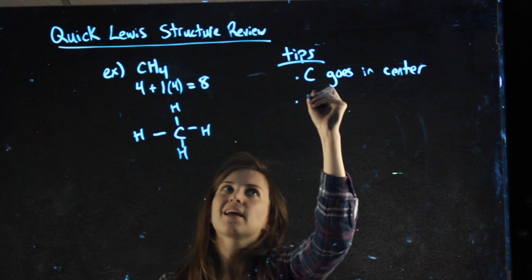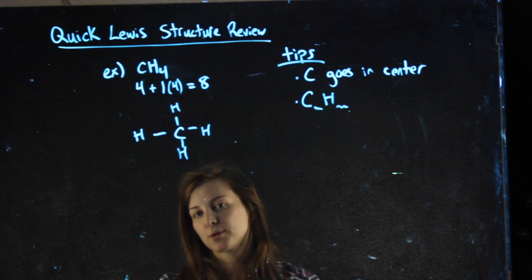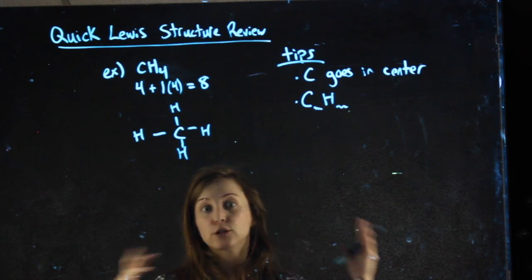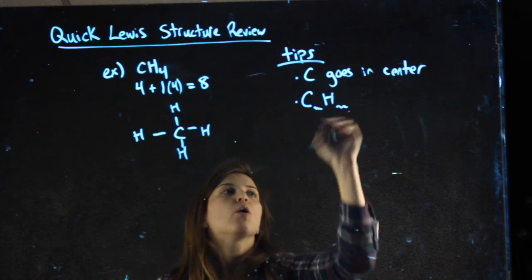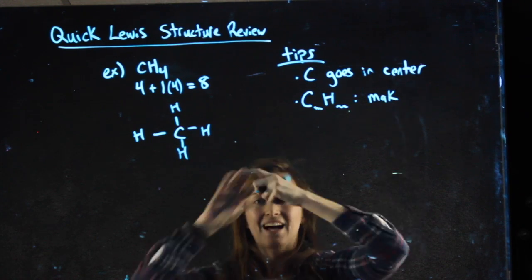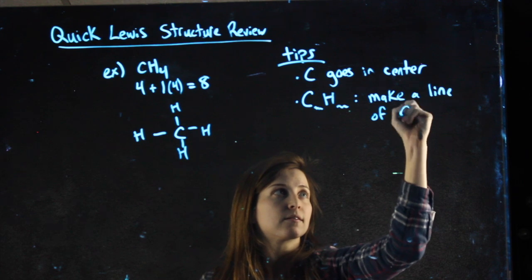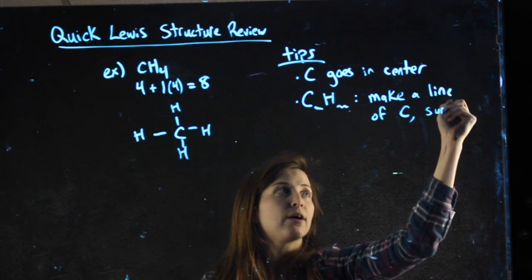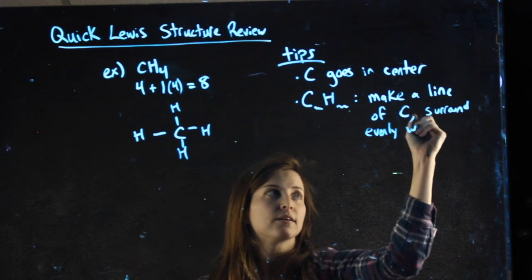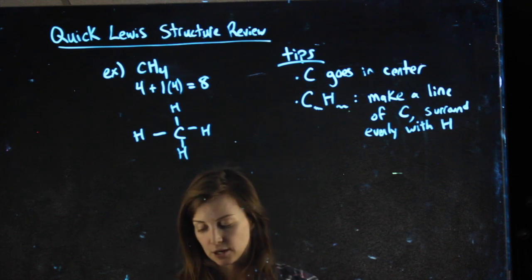If I give you something like C some number, H some number, C3H8, C2H4, C50H102, what you're going to do in this case, and this is new, you're going to make a string or a line of carbons, and then you'll surround them pretty evenly as you can, with your hydrogens. I'll show an example of that later in this video.